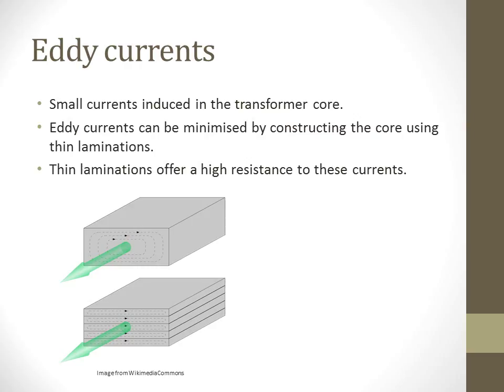The second type of loss in the transformer core are due to eddy currents. Eddy currents are induced in the core due to time-varying magnetic flux. These currents can be minimized by constructing the core with thin laminations, which offer high resistance to the eddy currents.